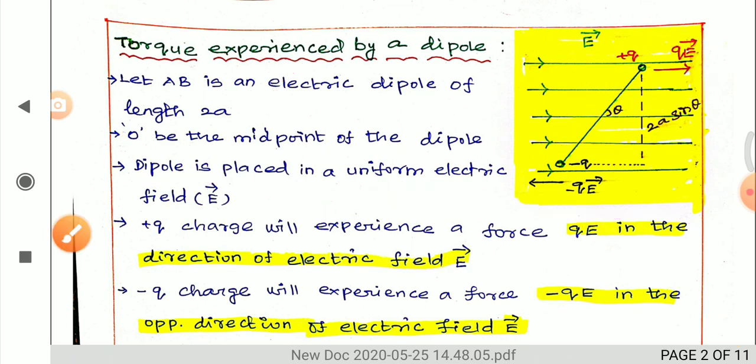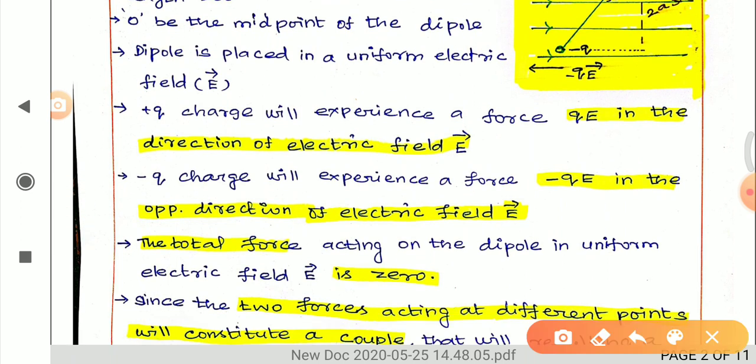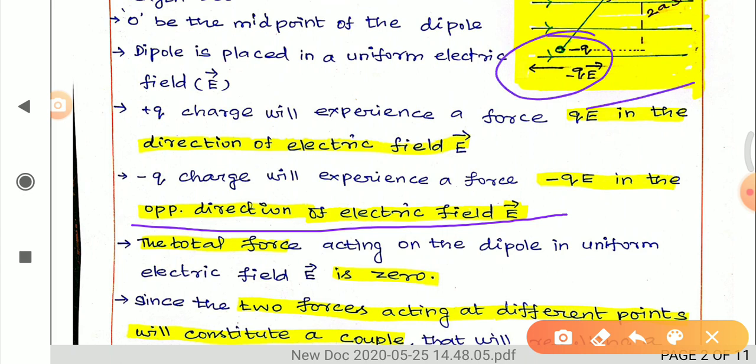What is its direction? It is just opposite to the electric field, because the electric field is acting along this direction, so the force due to the negative charge acts in the opposite direction. That's why I wrote minus QE in the opposite direction of the electric field.